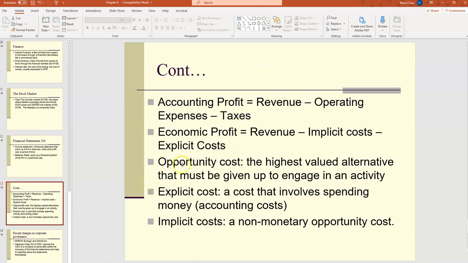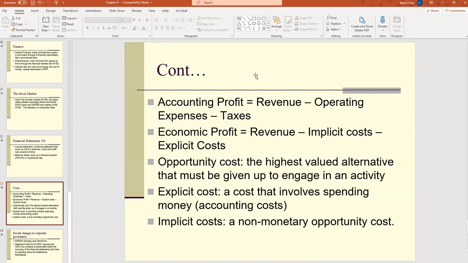I do want to talk a little bit about the difference between accounting profit and economic profit. So in economics, we normally tend to have not only implicit costs, but also explicit costs, while accounting usually only takes into account explicit costs. So accounting looks at transactions that actually happen, checks that have been written, things that have been bought.